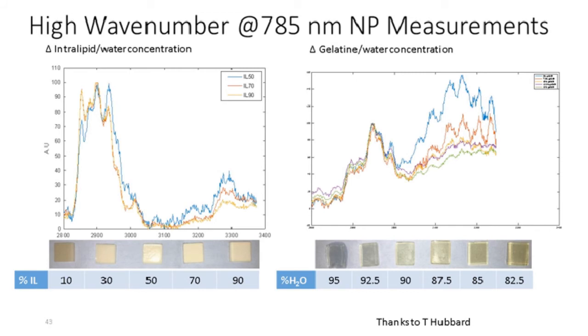So what we tried to do then is use a wavelength where we would reduce that fluorescence, and we've considered using 785 here, which can do the job. But you'll see that the water peak relative to the CH peak has pretty much disappeared in the intralipid spectrum, and is pretty noisy and unpleasant in the gelatin with water spectrum.